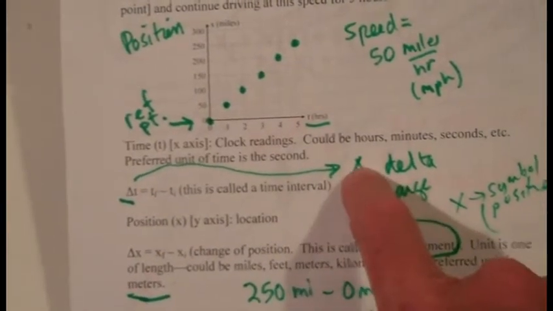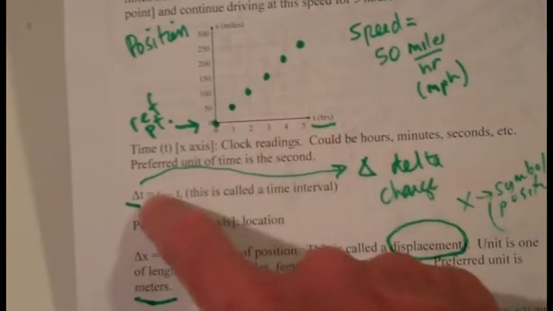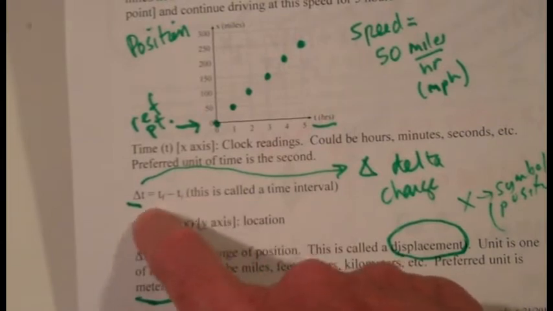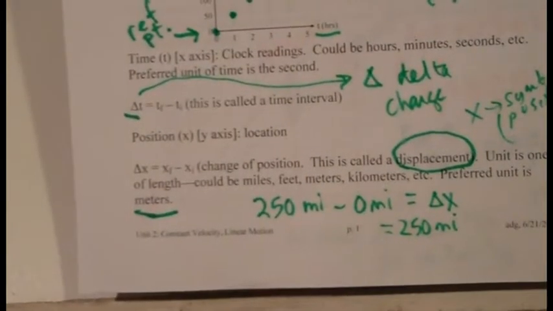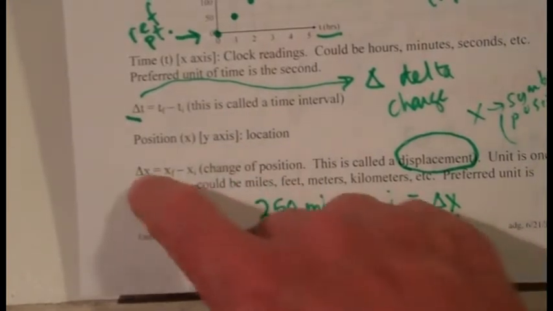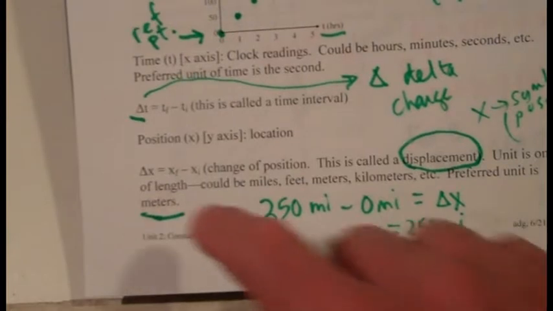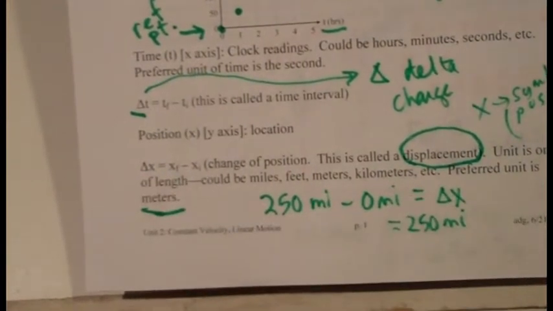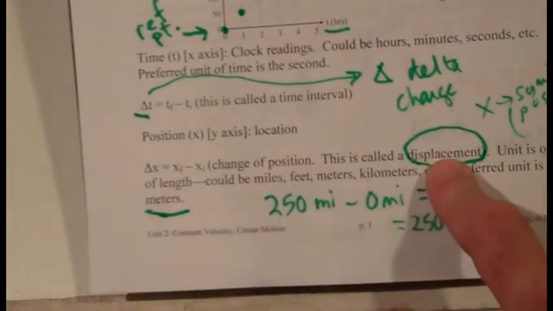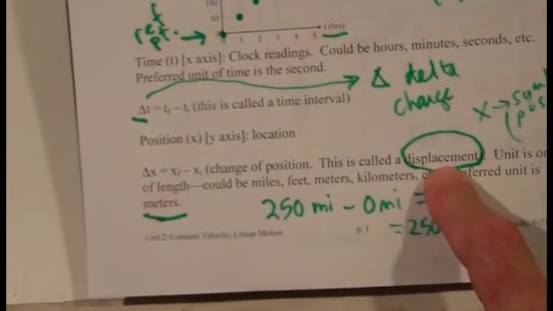Objects move through time. Final time minus an initial time is a delta time, or a change of time. Position can also change. Final position minus an initial position represents a delta x. X is the symbol for position, and a change of position is called the displacement for the object. It's a very, very important word.